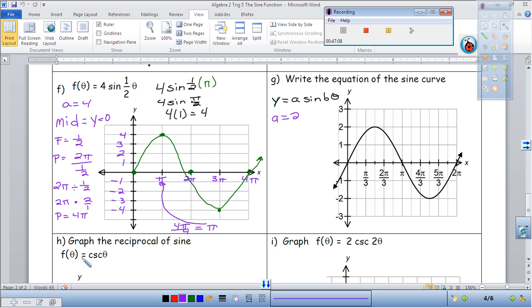Okay, in order to find the b, we want to find the period first. Anyone have the idea of the period? One sine curve goes from here to here. Let's see. It stops here.